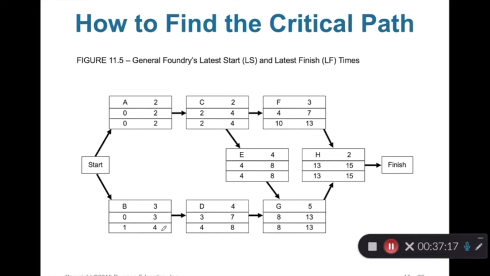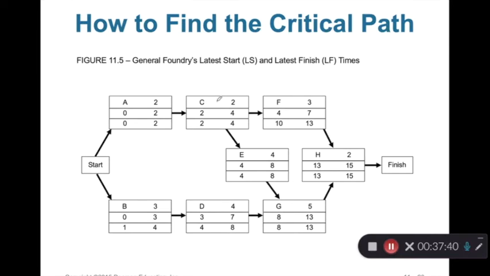This LS is 4, and we should make them equal. So LF for B must be equal to 4. 4 minus 3 equals 1. Now we go to C, but C is a little bit different.